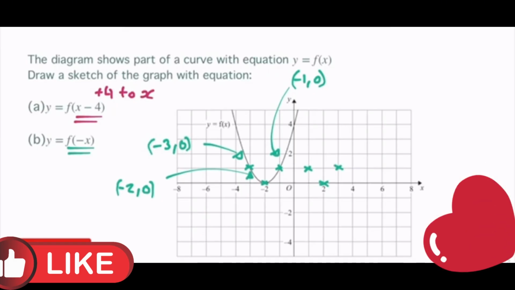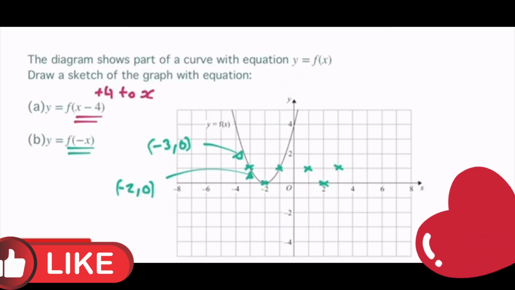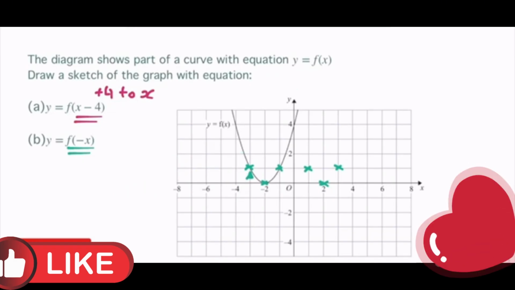So hopefully you can see it. Actually, this curve is going to end up in exactly the same place as the last one. But what's actually happening here, let's get rid of all this so we can see it a bit better, is something slightly different to the last one, because that last one was a translation.